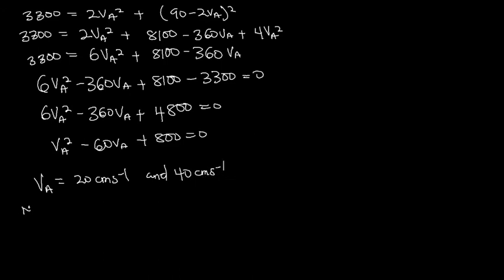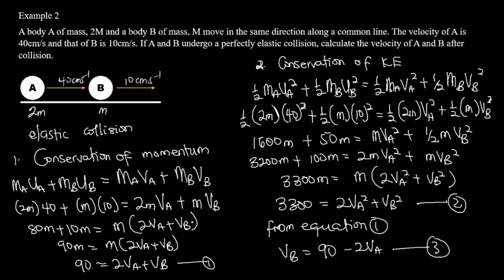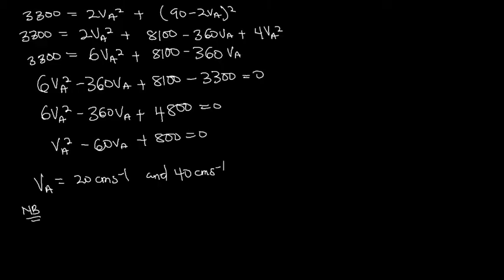Now let's note something. We have two velocities, so we need to decide. Now the velocity of body A will reduce after collision. So if we look at velocity of body A, it was 40 centimeters per second initially. But per our calculation we are getting two values, which is 20 centimeters per second and 40 centimeters per second.